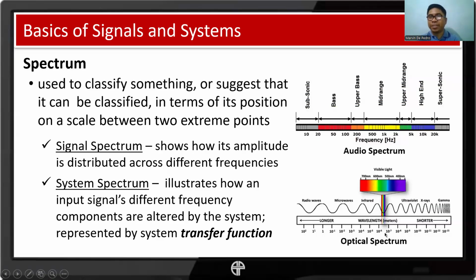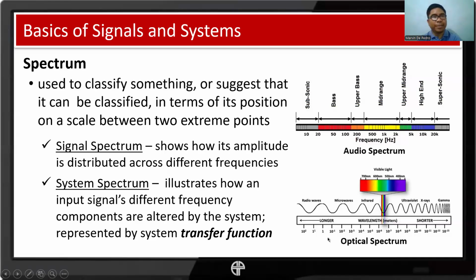In the optical spectrum we usually convert the frequencies into the corresponding wavelength. Just divide the speed of light by the frequency, and you get the wavelength. Just remember, the optical spectrum is around 700 nanometers down to 400-plus nanometers.